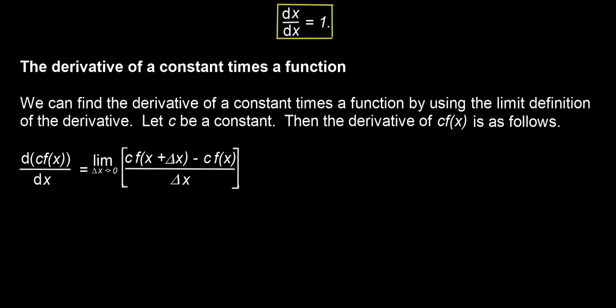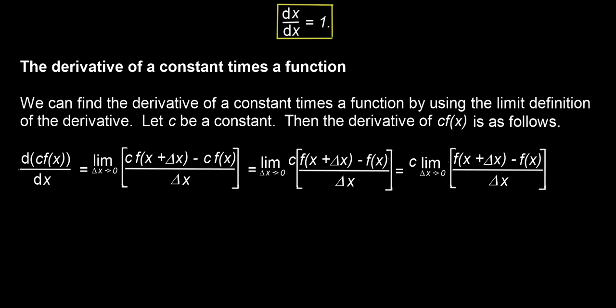Notice that in the numerator, c is a common factor, so we should be able to factor c out of that fraction. And because of limit properties, we should in fact be able to factor c out of that limit. Hopefully we immediately recognize that what we have in this bracket is essentially f prime of x.